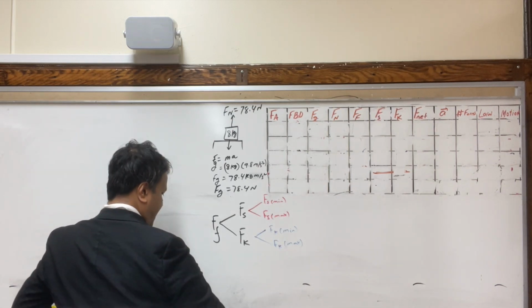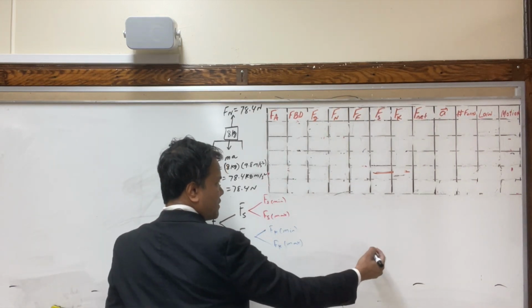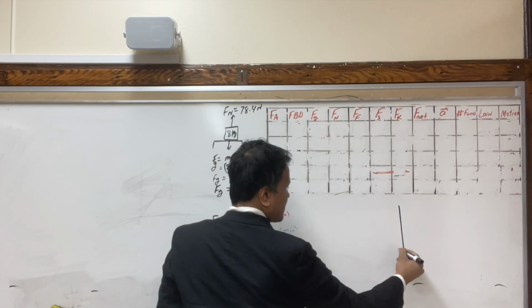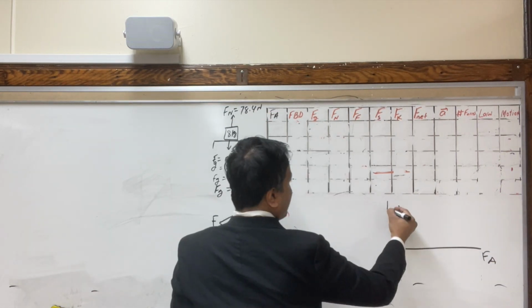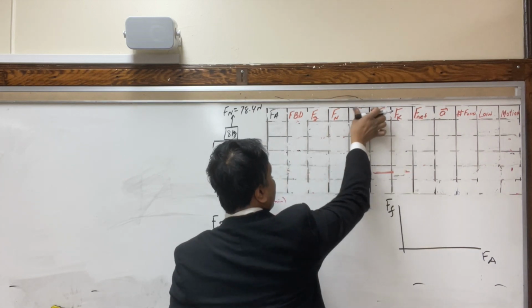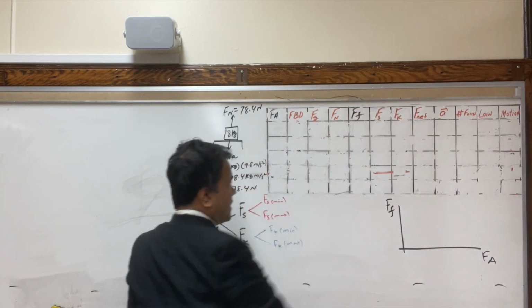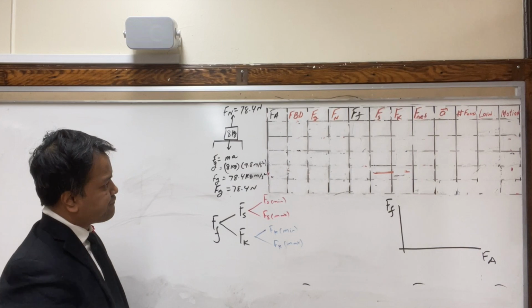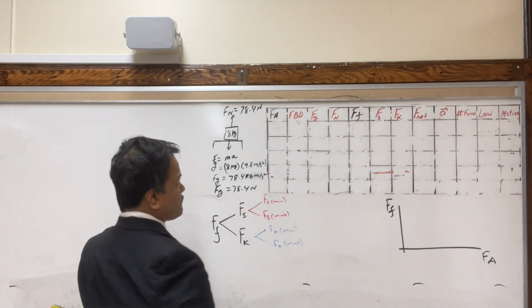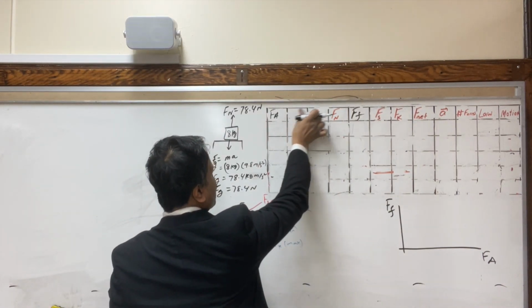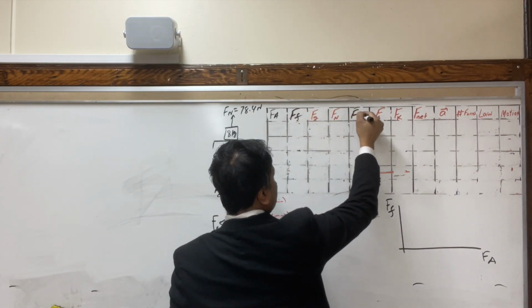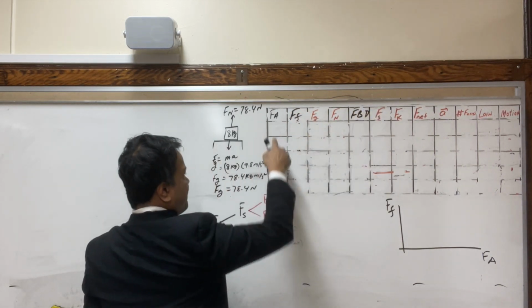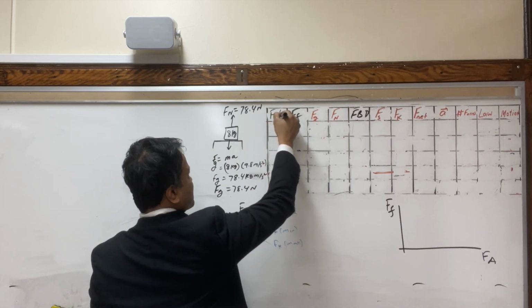Fs min, if you draw a graph, and we will draw a graph, the x-axis is F applied, and the y-axis is Ff. I'm going to put Ff over here and the force body diagram over here. So F, this is your x-axis.